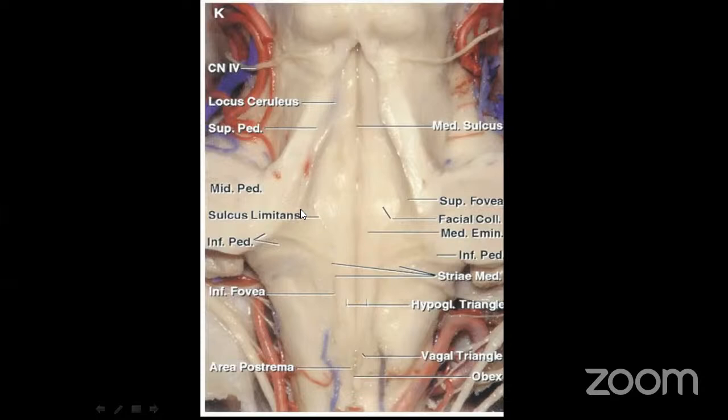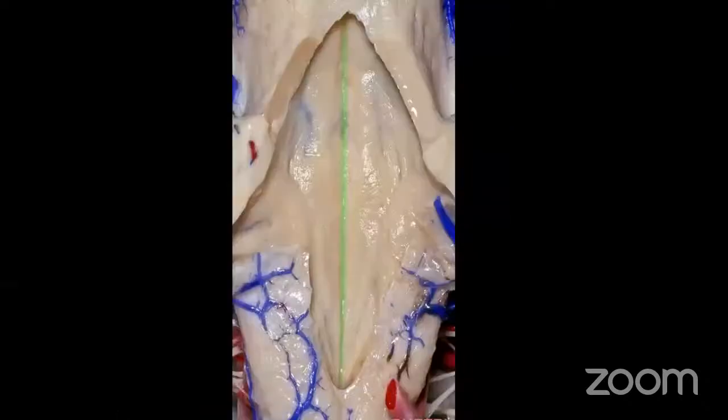We can appreciate the sulcus limitans dividing the basal plate from the alar plate. Also, the hypoglossal triangle, vagal triangle, and area postrema have been labeled. And finally, they give way to a central opening into the inferior aspect that is known as the obex, which is actually the junction of the medulla oblongata with the spinal canal.